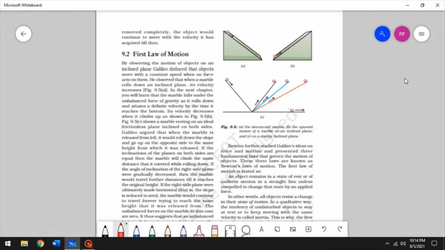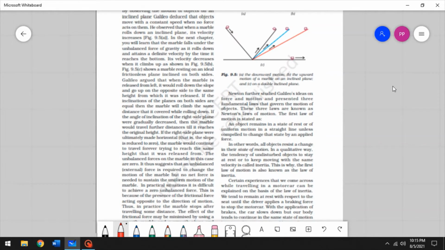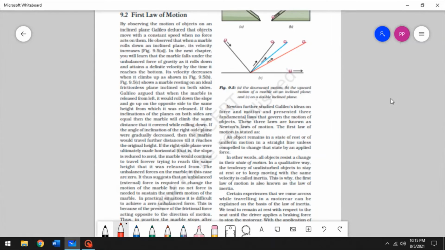But if it is unbalanced forces, the motion of the object either continues or stops to a rest based on which side the force is being applied at a greater extent. So just like that we finished the introduction and we're at the first law of motion.